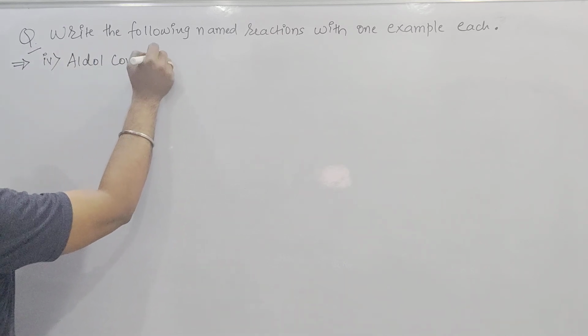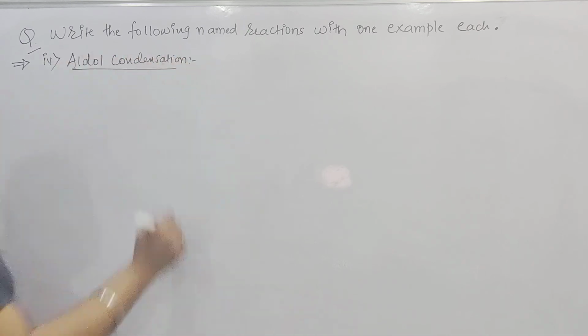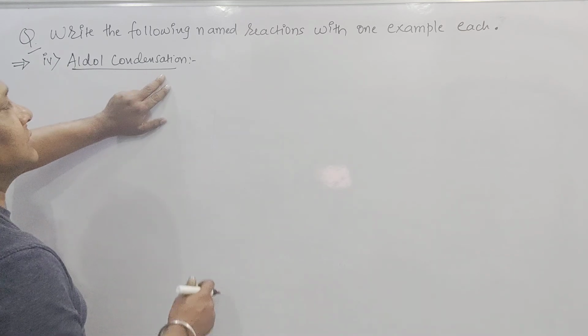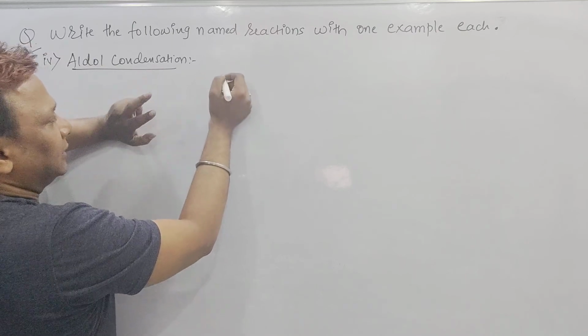But for aldol condensation, in simple way we can write in this way. Aldol condensation. What is that, beta? We are having aldehydes and ketones having at least one alpha hydrogen atom can undergo condensation in presence of dilute NaOH to form the aldol. I will show you with aldol condensation how it takes place here. See, aldehyde containing alpha.